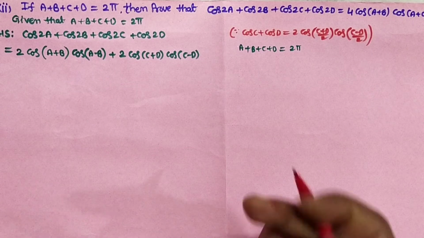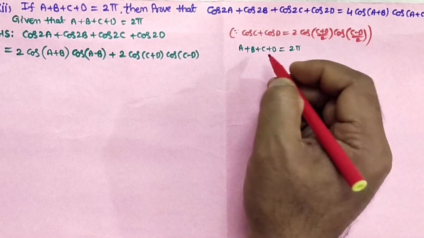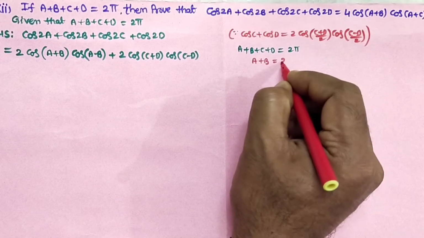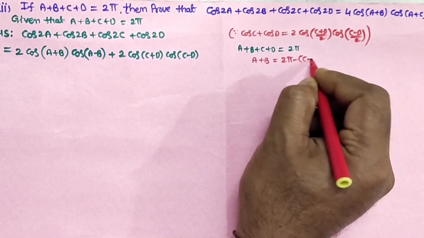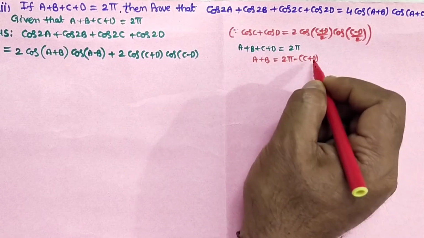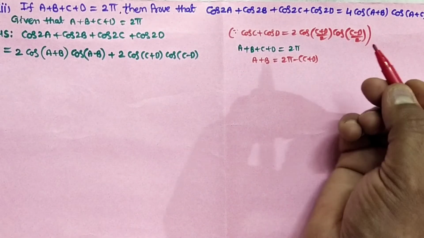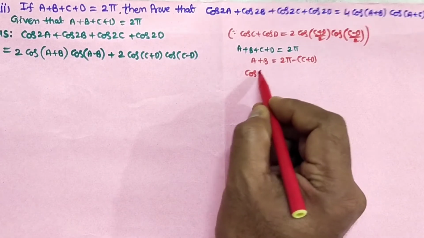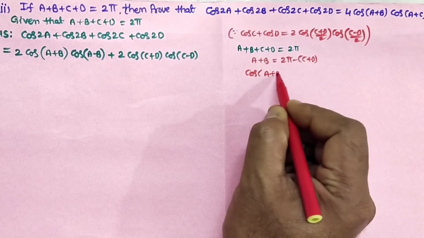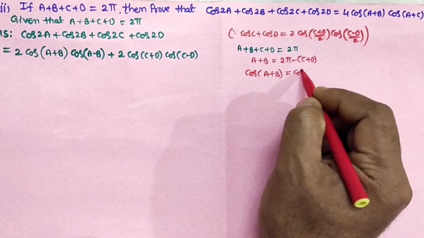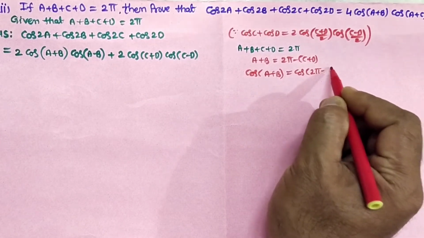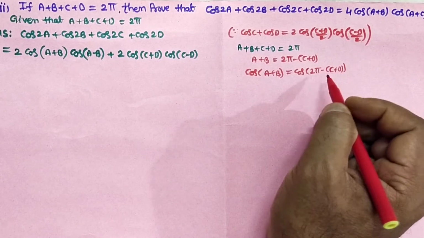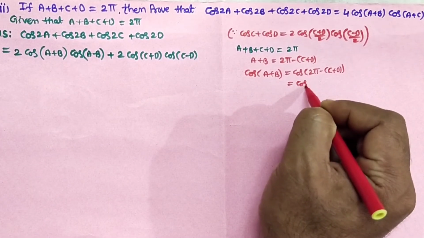From this, a plus b is equal to 2 pi minus (c plus d). After that, you can take cos on both sides. So cos of (a plus b) is equal to cos of (2 pi minus (c plus d)). Cos of 2 pi minus theta is cos theta, so it will become cos (c plus d).